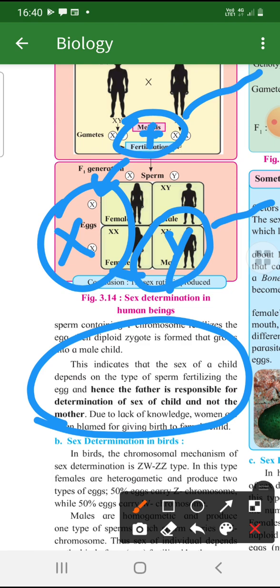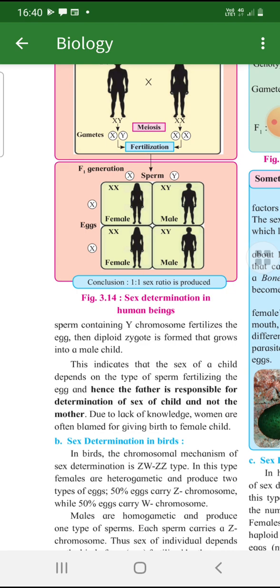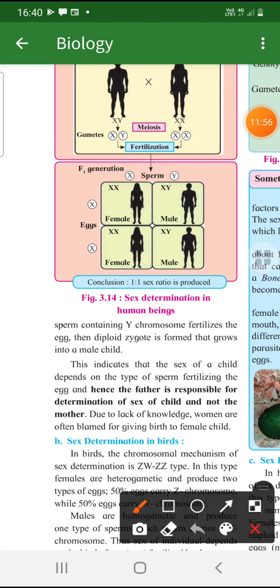So the real person who is responsible for the sex of the child is the father. Hence the father is responsible for determination, because the sperm type determines the child's sex. Remember that. And you can read the remaining part, that's quite clear to you.